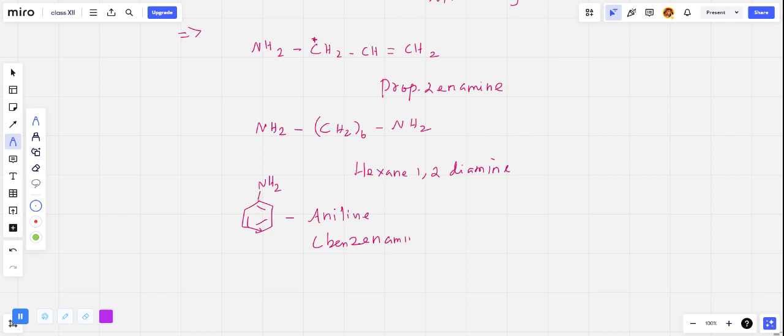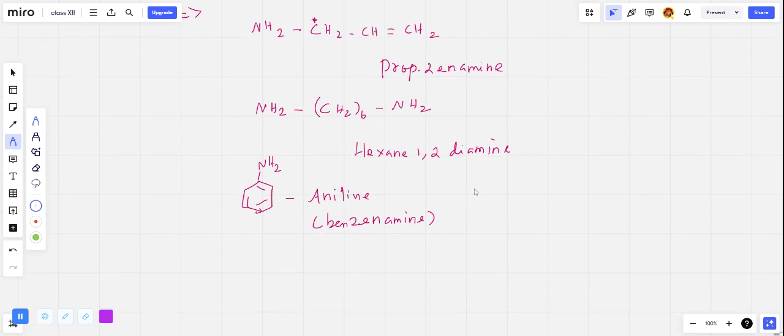If it is like this, one amino group is there and one CH3 group is there, we have to give priority to the amino group. Priority to the amino group means this carbon is number one, and then this is number two.